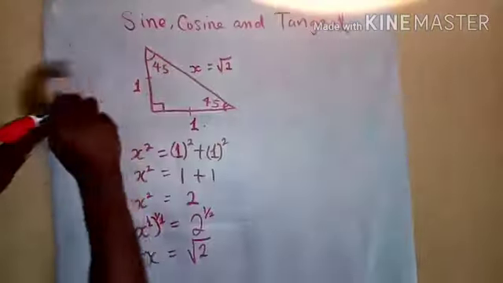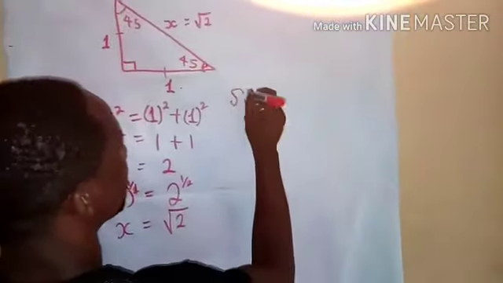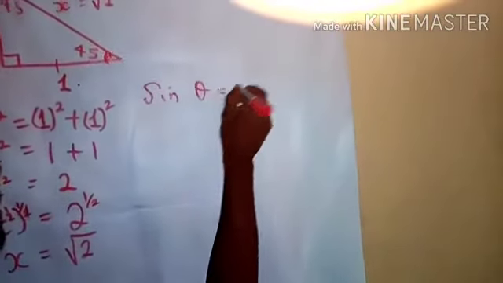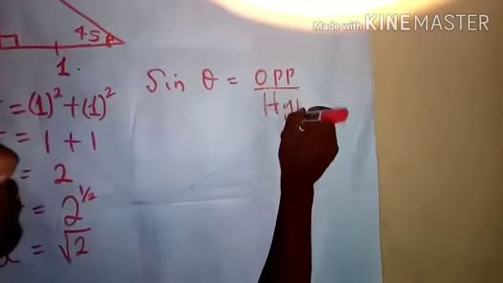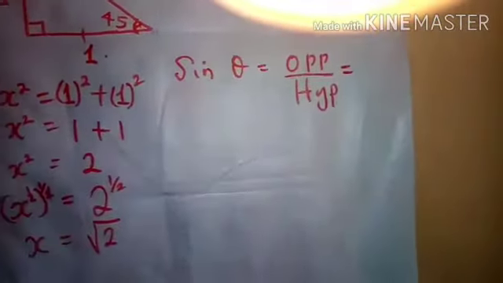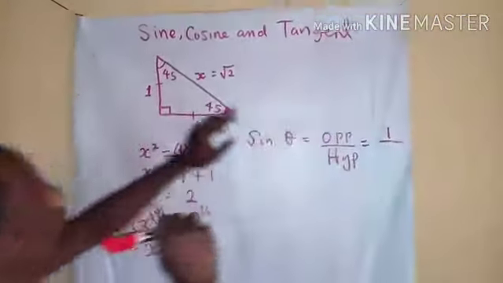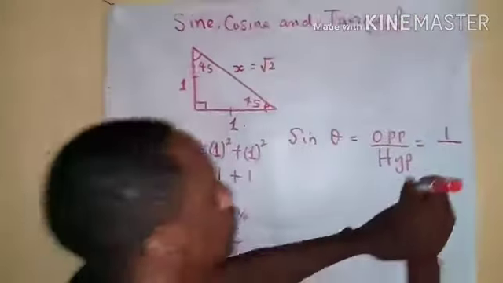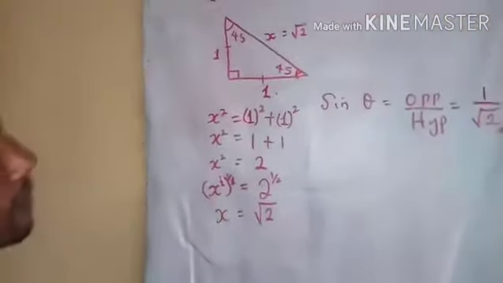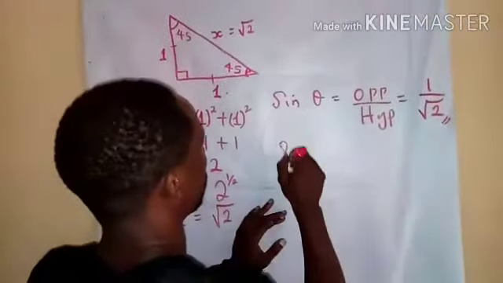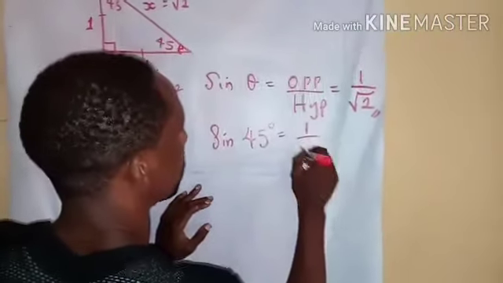So that means we've now derived that this is square root of 2. Then, if you're using this to get sine, sine theta is opposite over hypotenuse. From what we have here, what is opposite using this angle? Opposite is 1. What's the hypotenuse? Hypotenuse is root 2. So that means our sine 45 degrees equals 1 over root 2.